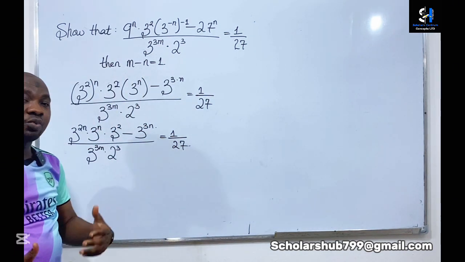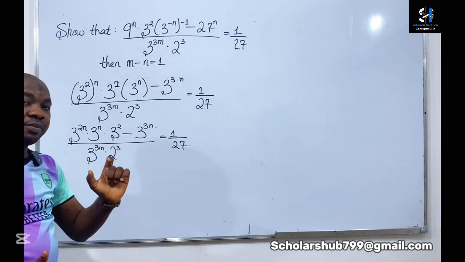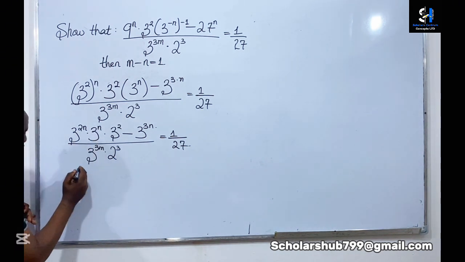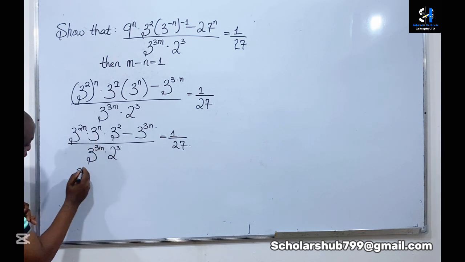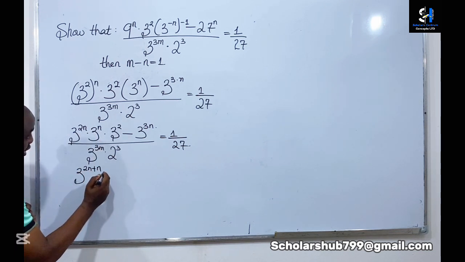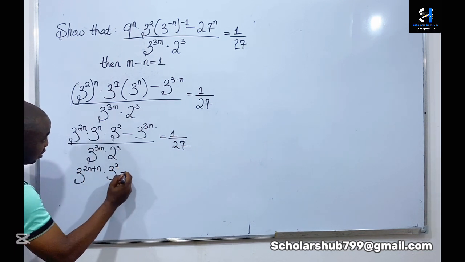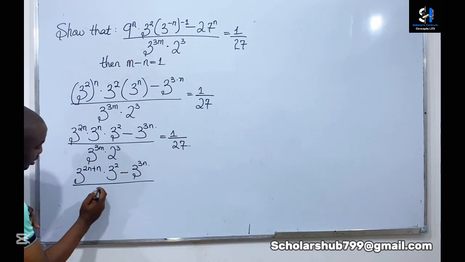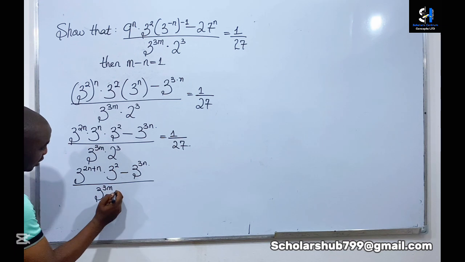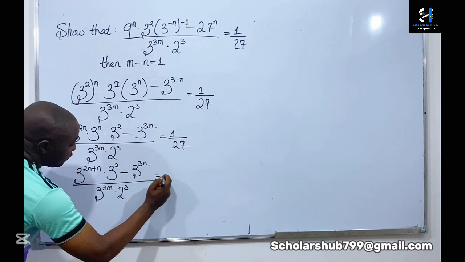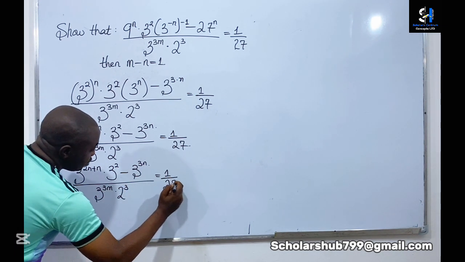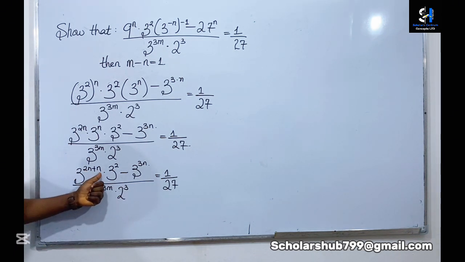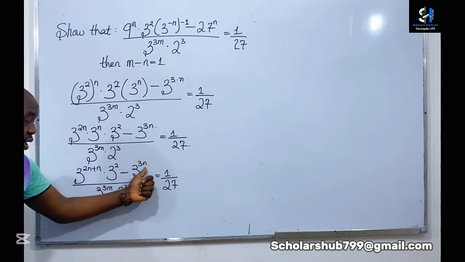When multiplying exponential notations, if the bases are the same, then we add the powers. So in this case, I'm going to write the base and then add the powers: 2n plus n, multiplied by 3 raised to the power of 2 minus 3 raised to the power of 3n, divided by 3 raised to the power of 3m multiplied by 2 raised to the power of 3 equals 1 over 27.